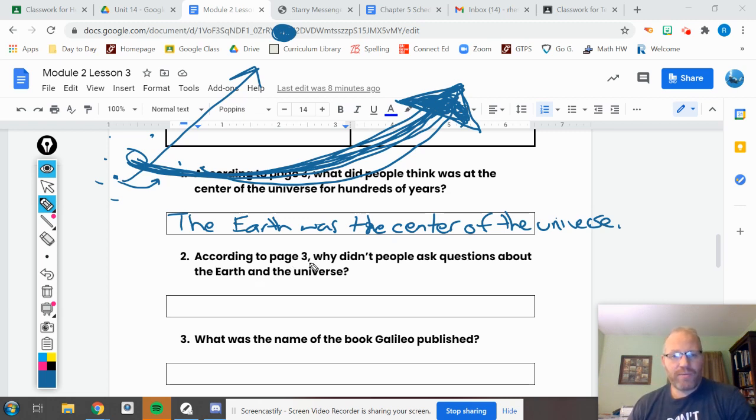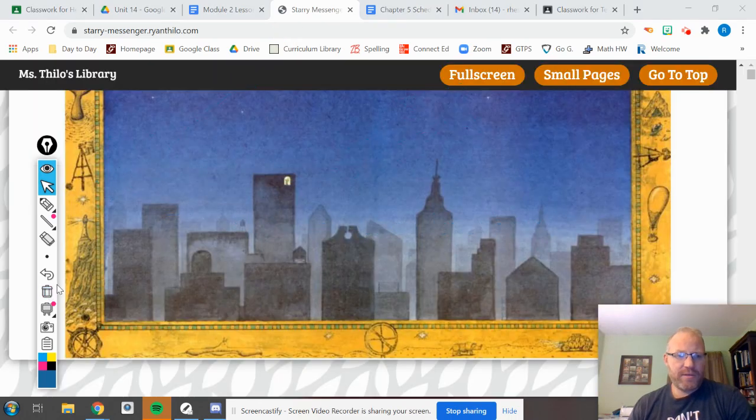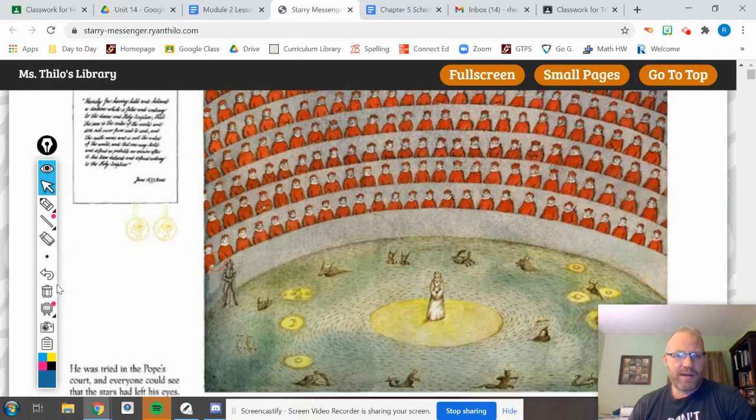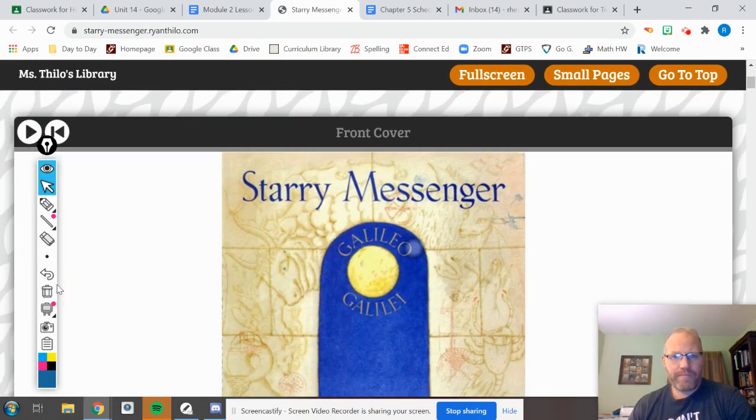According to page 3, why didn't people ask questions about the Earth and universe? So why didn't the people ask those questions? So why were they accepting of it being the way it was? So we go to page 3.